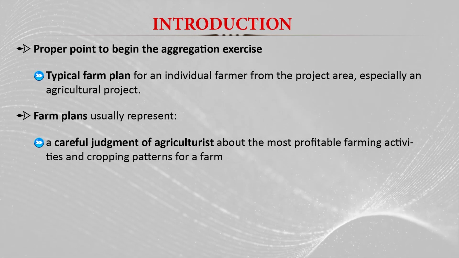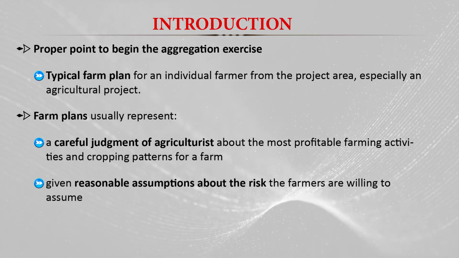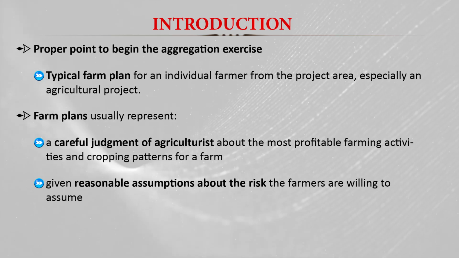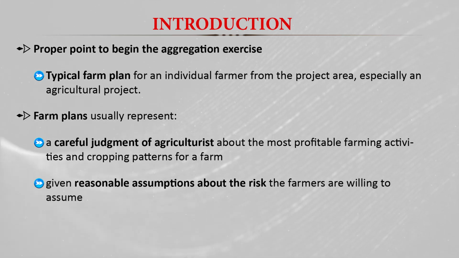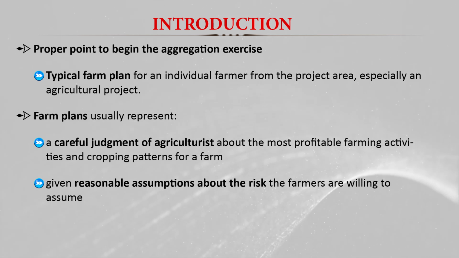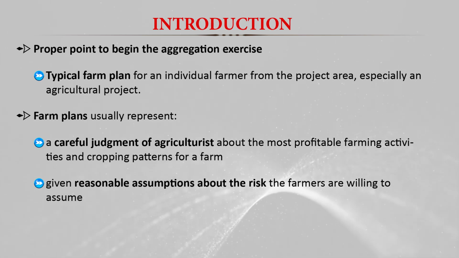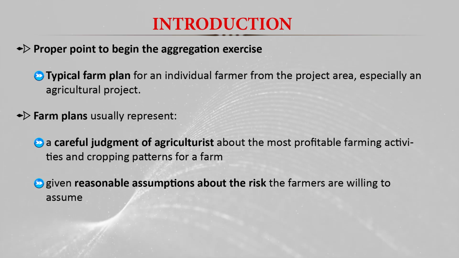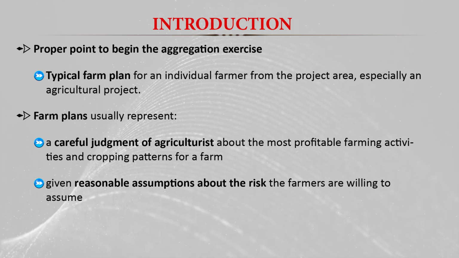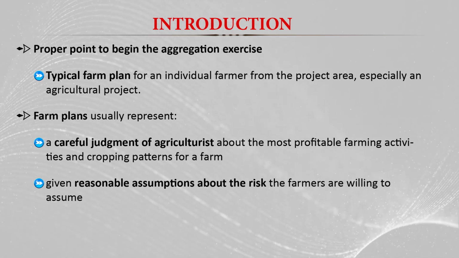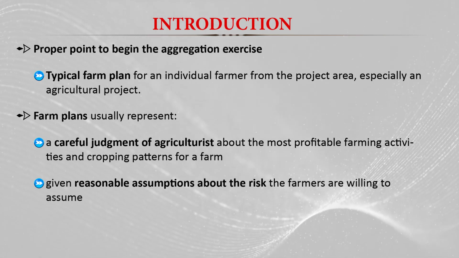We also give some assumptions about the risks involved in the farming activity, and about the risks the farmers are willing to accept in the production activity, assuming that this kind of risk will be there in this particular type of farm activity.